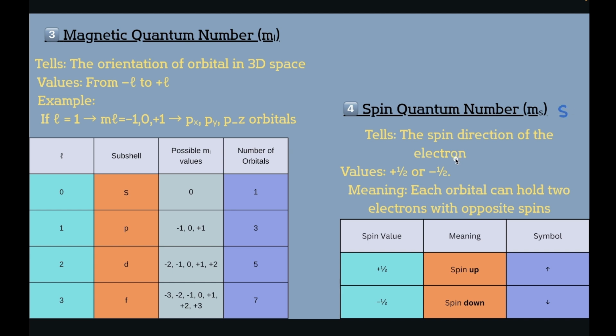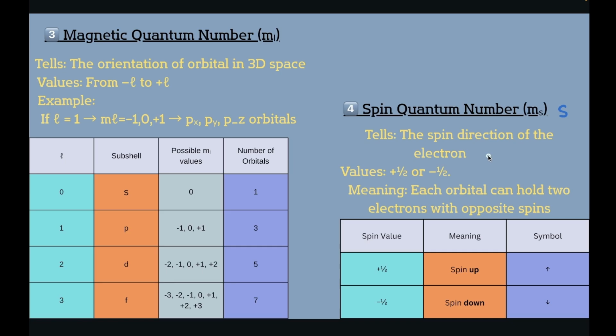Next is spin quantum number, which is denoted by S. It tells us the direction of spin of an electron inside an orbital. It describes the intrinsic angular momentum, that is, spin of an electron either clockwise or anti-clockwise. Actually, electrons do not literally spin. It's just a quantum property.